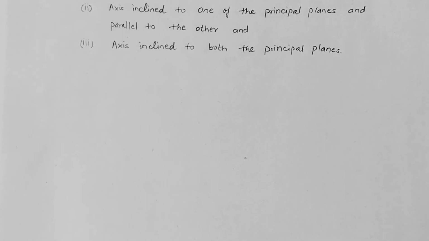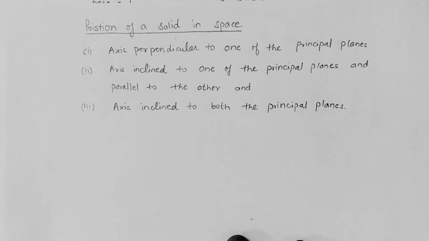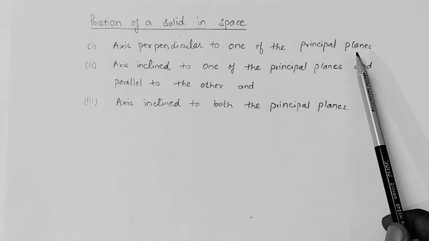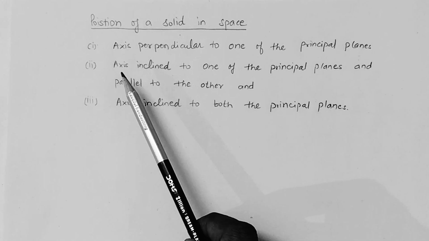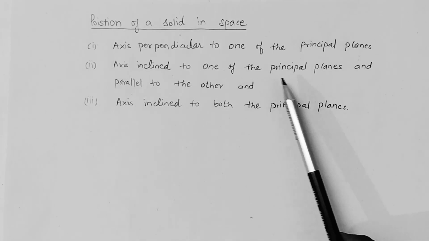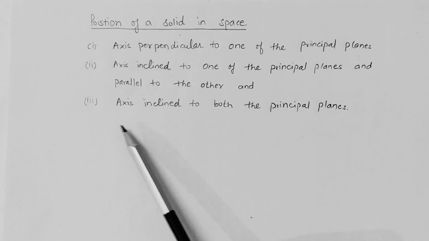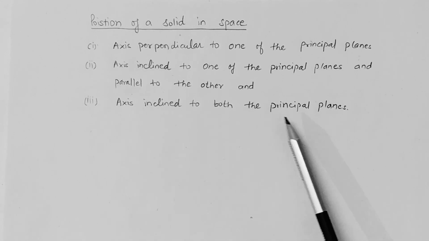Now solid can be positioned in space in different positions. Number one is axis perpendicular to one of the principal planes. Second is the axis inclined to one of the principal planes and parallel to the other. And third one is axis inclined to both the principal planes.